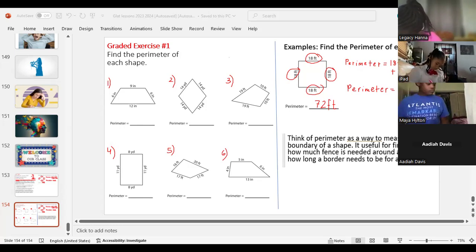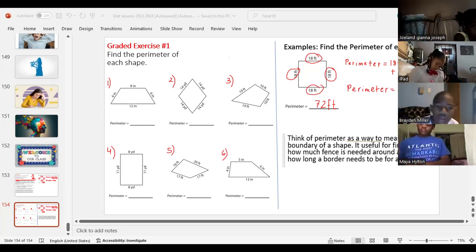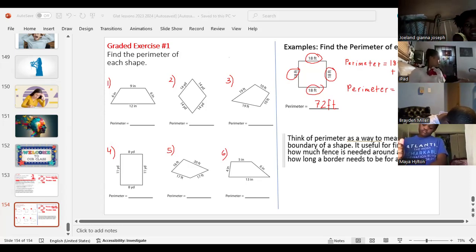And Adaya, where are you? Number 3. Number 3 now? Okay, good.